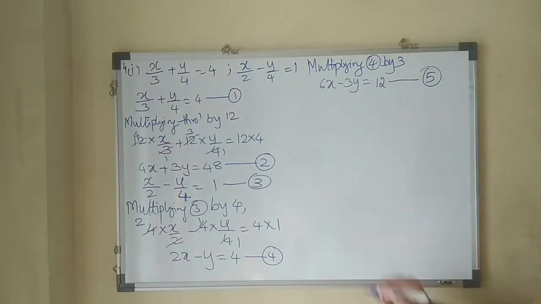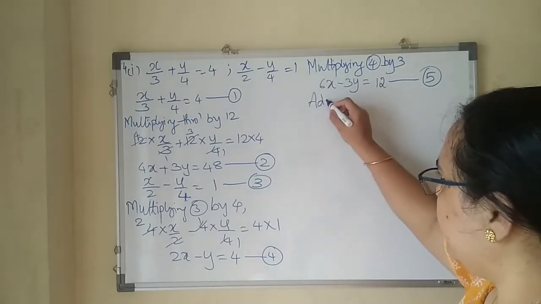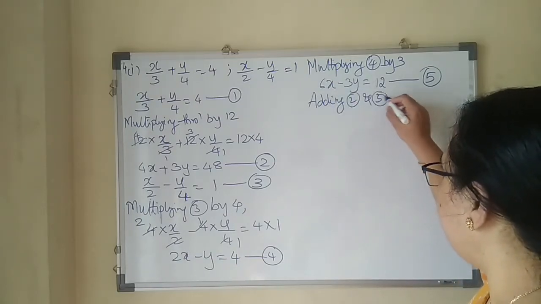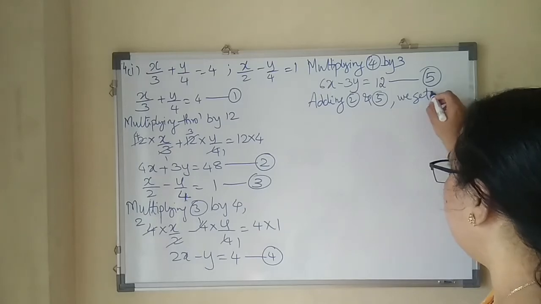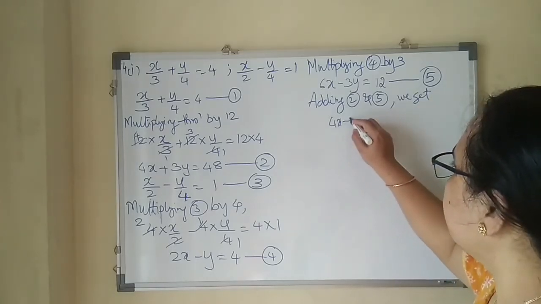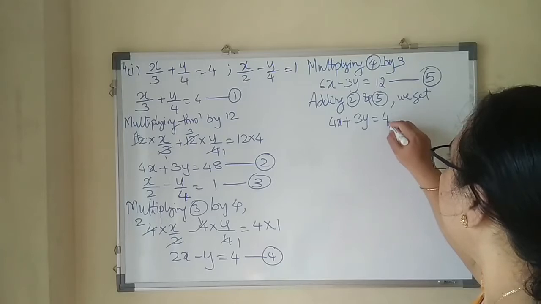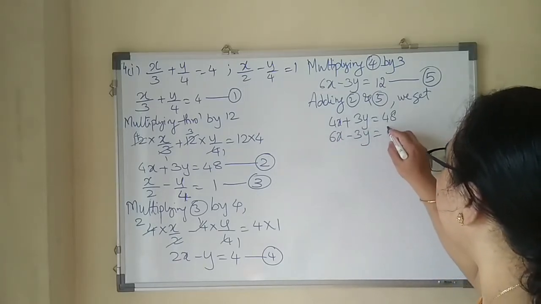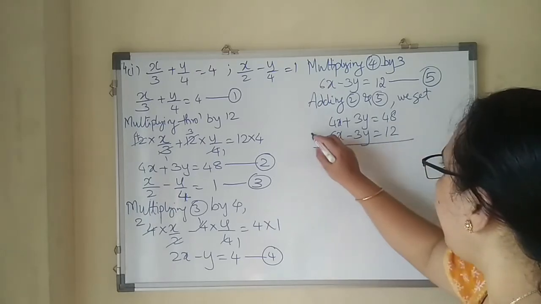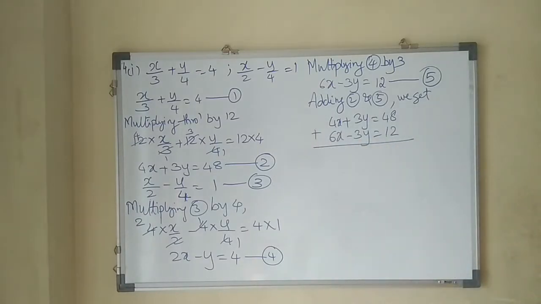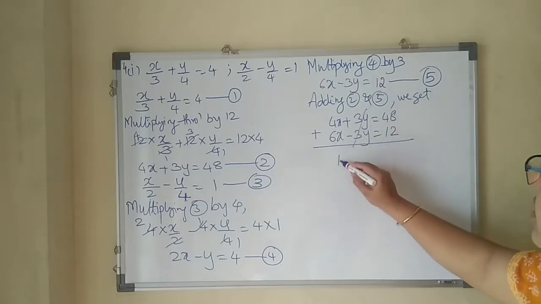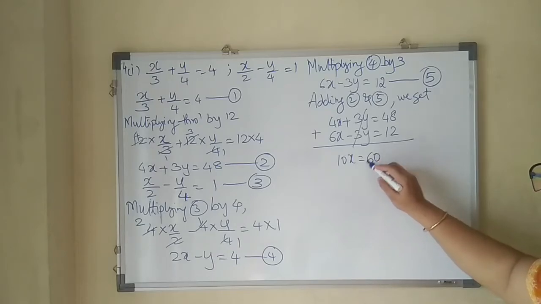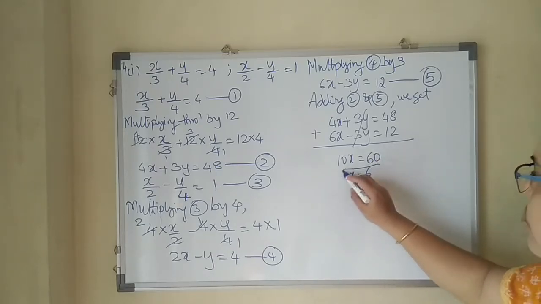What can be done? Adding. So adding 2 and 5: 4x plus 3y equals 48, and 6x minus 3y equals 12. In the process of adding, these two get cancelled. 10x equals 60. So x is equal to 6.